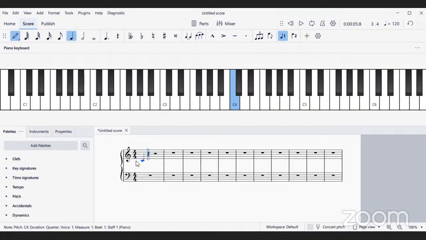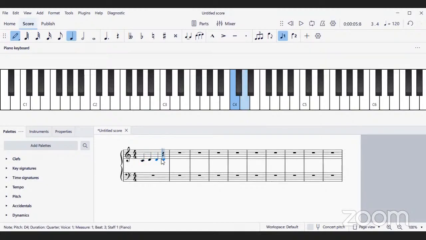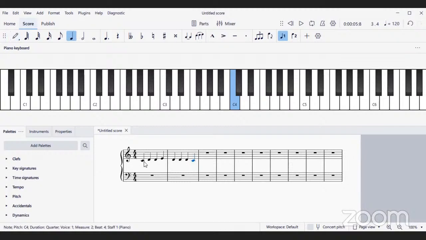We're going to start from that same C. As simple as this. Let's try this. 1, 2, 3, and C, D.